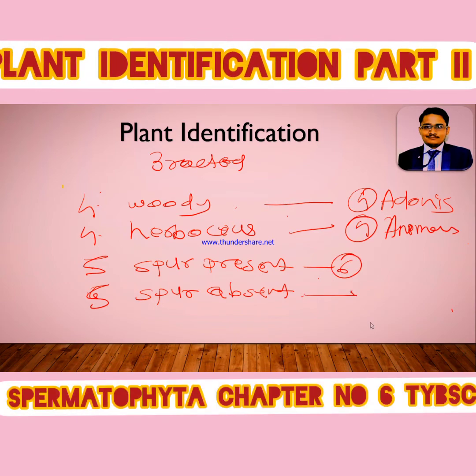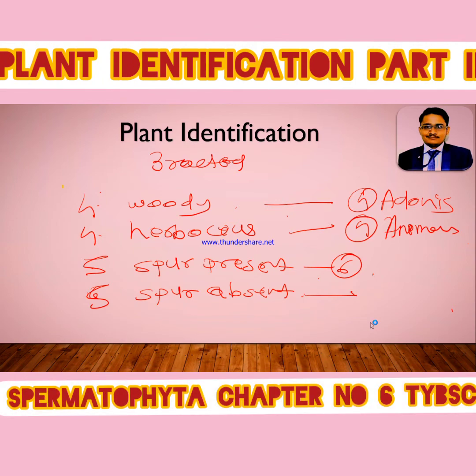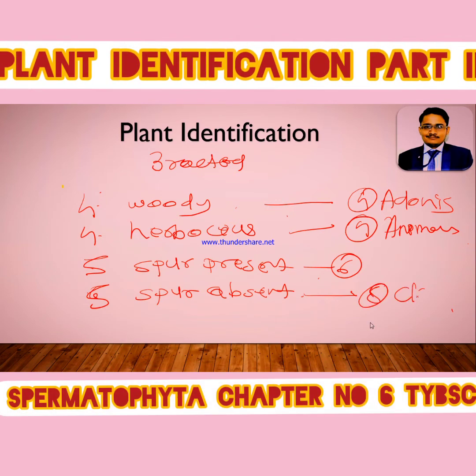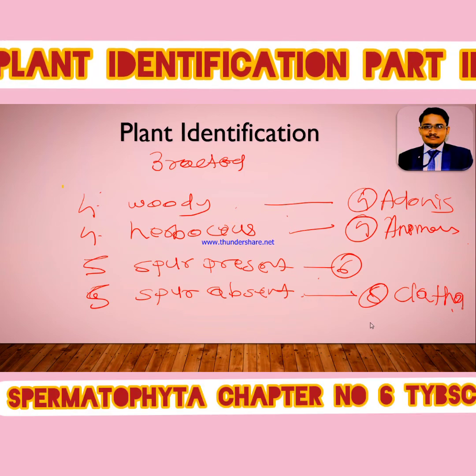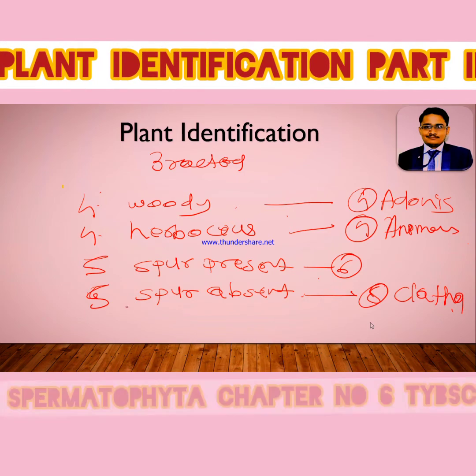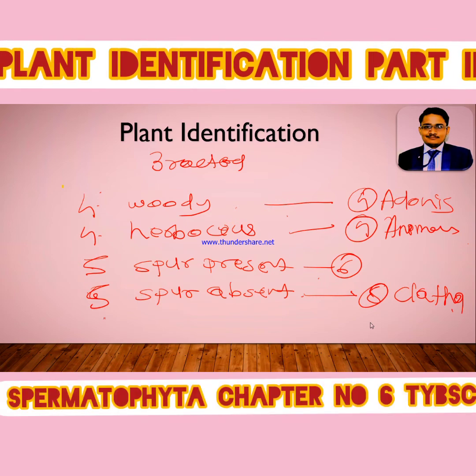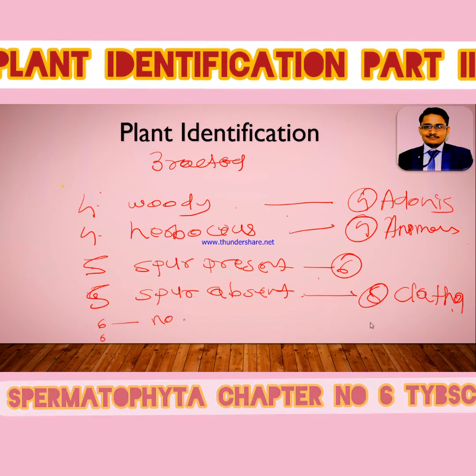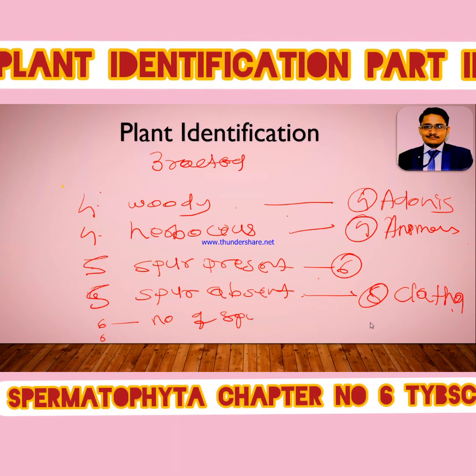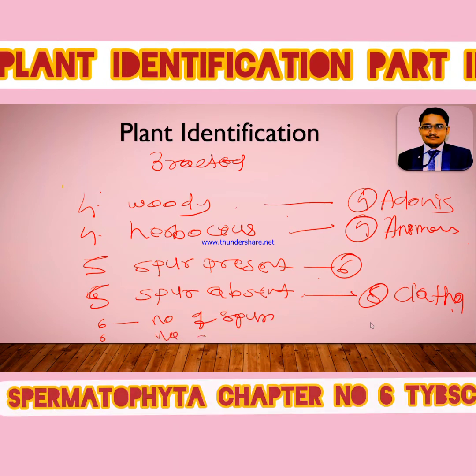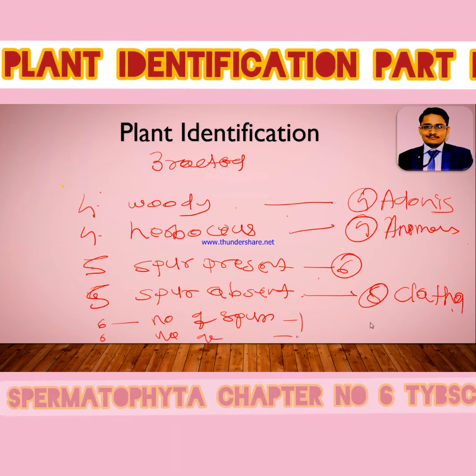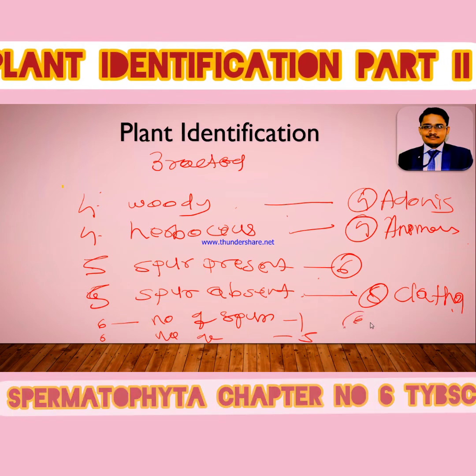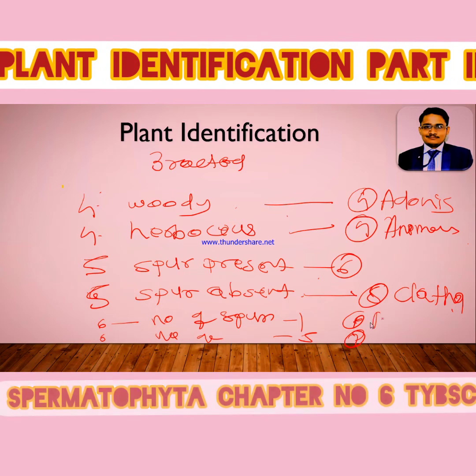Here one species is identified, known as Caltha. Then go to character number 6: spur present, that is the number of spurs, 1 and 5. In this way, here two species are also identified.